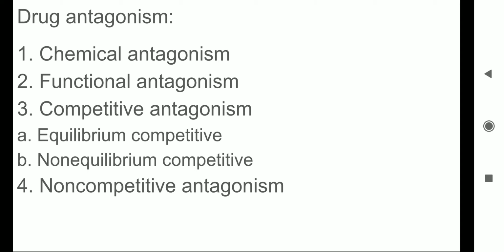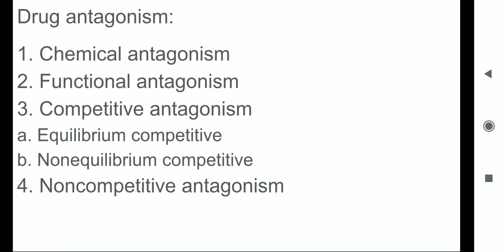You can understand it by the example of acetylcholine and epinephrine. Both are drugs which can work on the autonomic nervous system, but both of them work in the opposite way. If acetylcholine is slowing the heart rate, epinephrine is accelerating the heart rate.